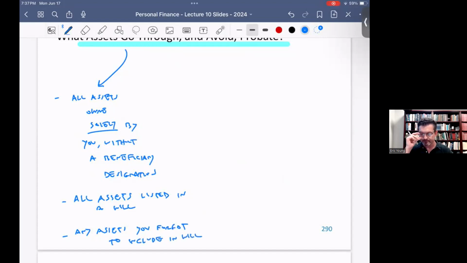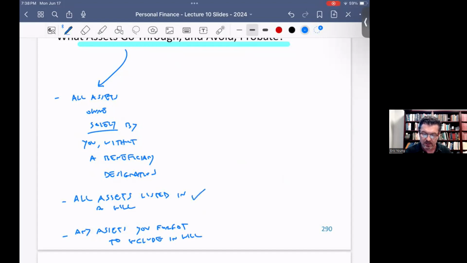So let's think about this. You have a will and you have a car, and you say in your will, I leave my prized 2002 Honda Accord with the cracked windshield to my sister. Okay, that's listed in your will.